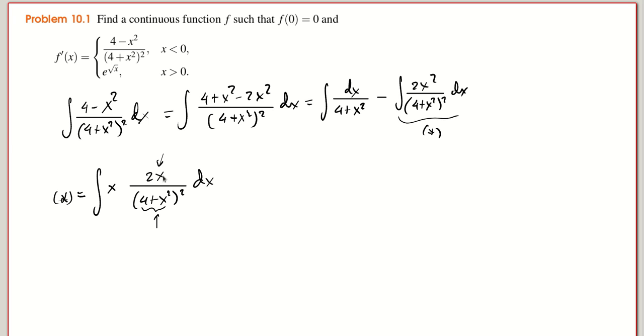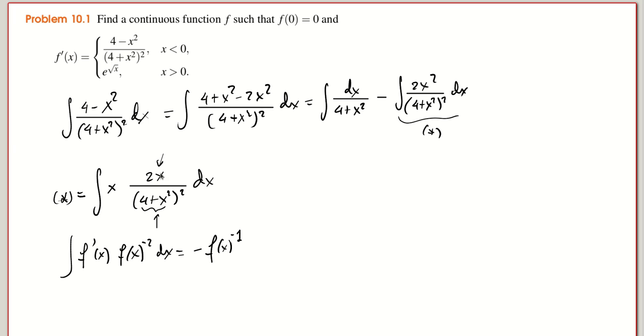So what we have is of the form f prime times f to the minus 2. Okay, so the primitive of this is minus f to the minus 1, right? And this is what we're going to do here.